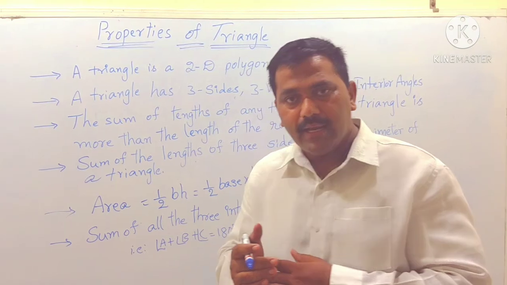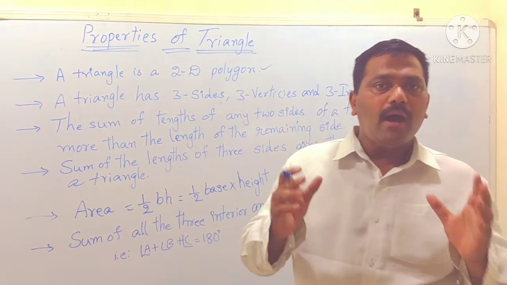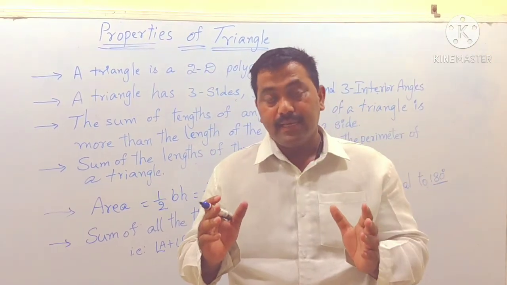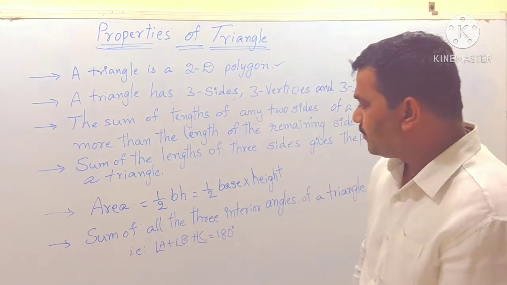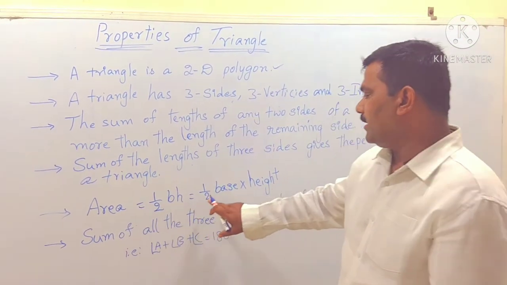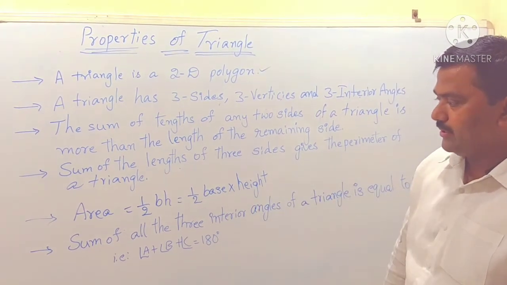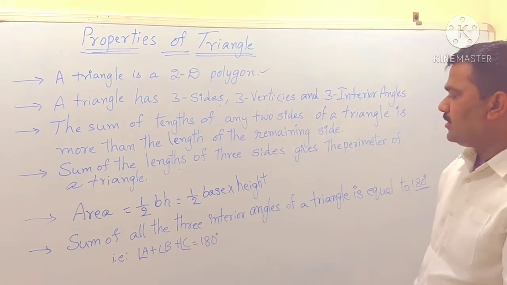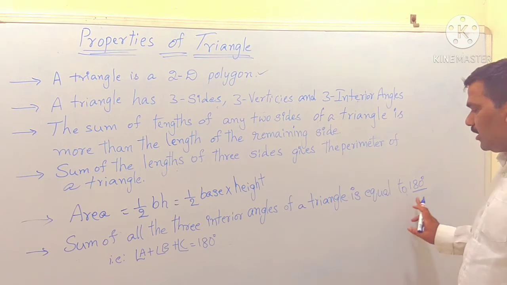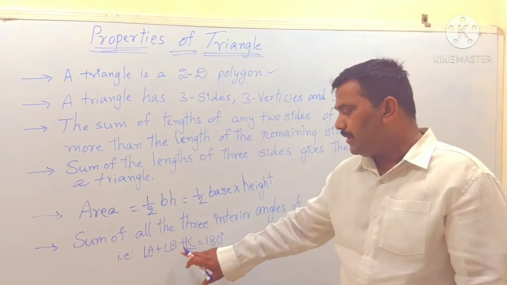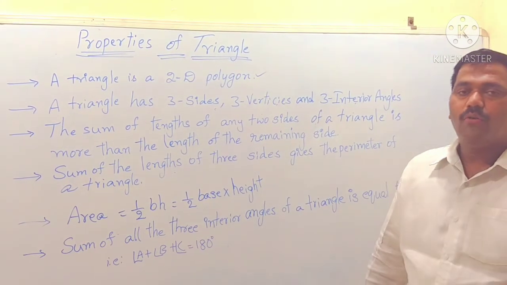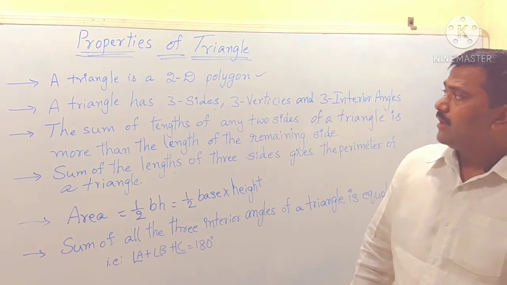And in a triangle, sum of all interior angles is equal to 180 degrees. Angle A plus angle B plus angle C equal to 180 degrees.